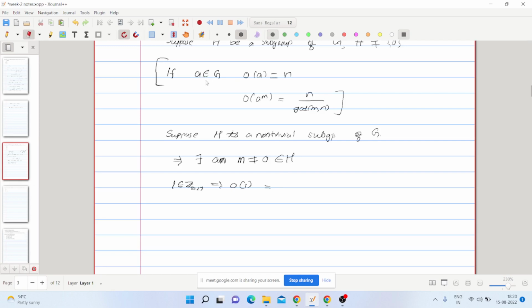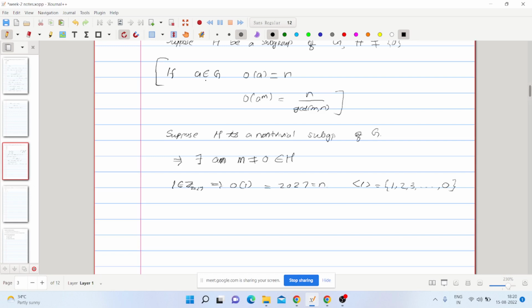Yes, 2027, because 1 is written as first 1, then we add 1 with 1, 1 plus 1, 2, then 3, etc. When we reach 2027, instead of 2027 we can write 0, because this is addition modulo 2027. So the order of 1 is 2027. Instead of A we are taking 1, and the order of A is n, so this is our n.